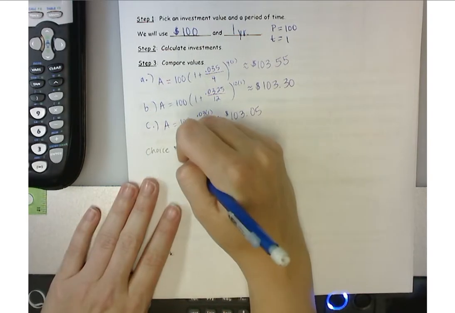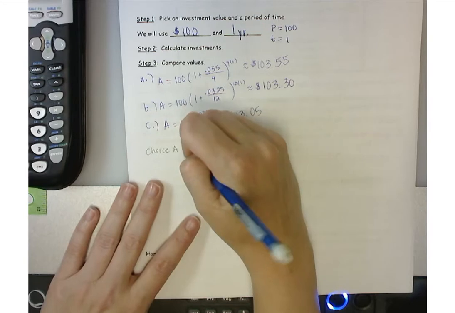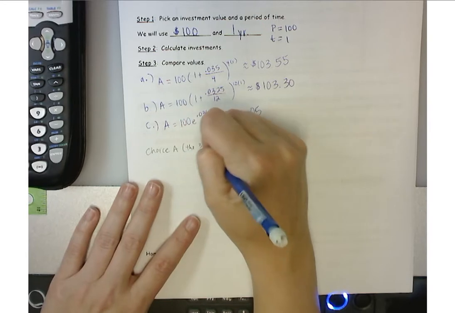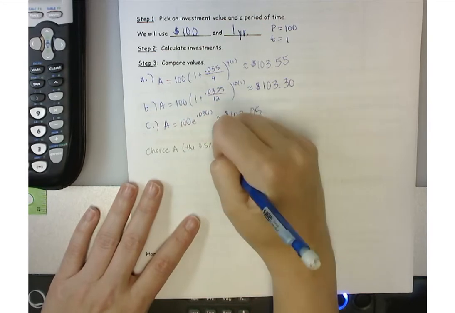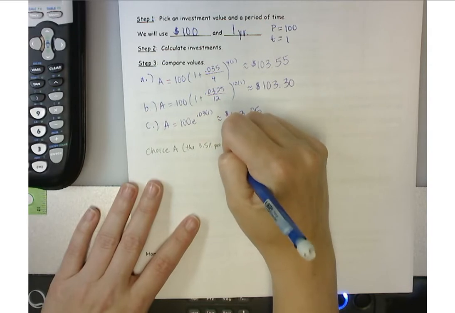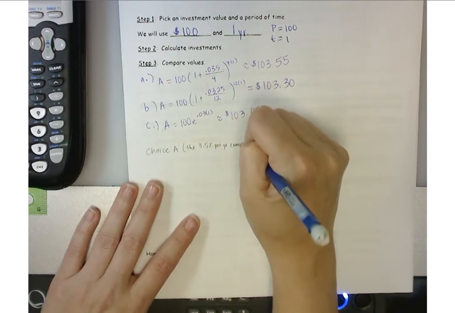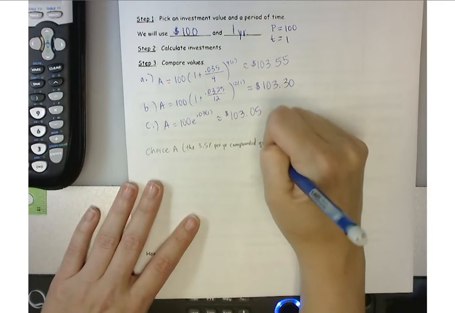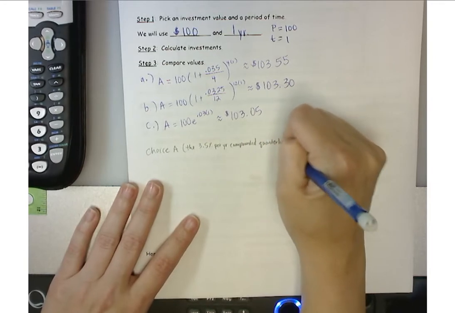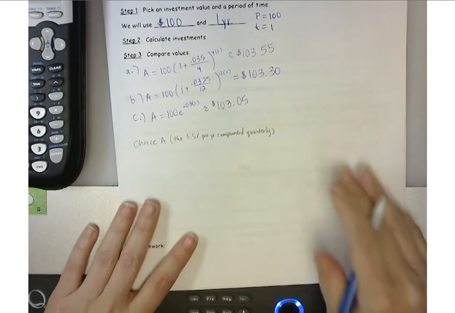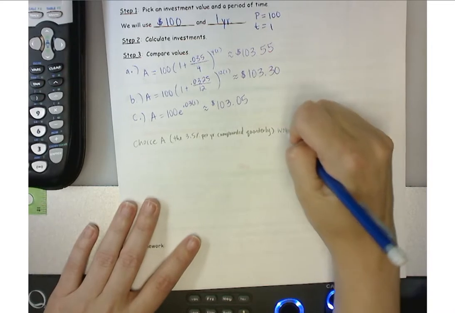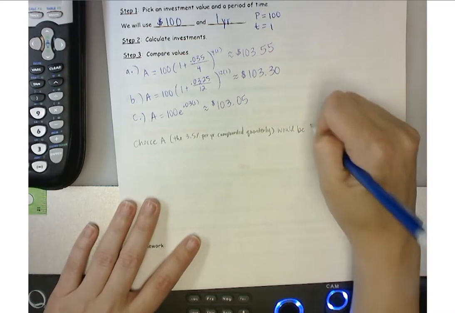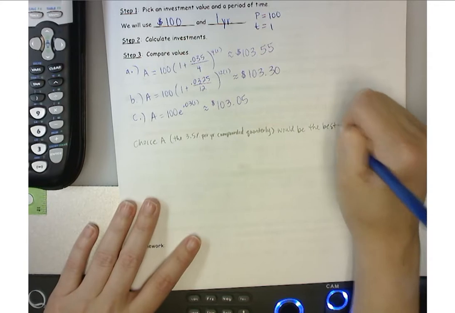Okay, so I could say choice A, 3.5% per year, compounded quarterly, would be the best investment.